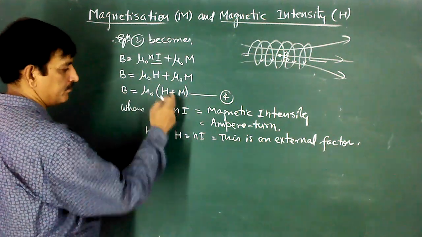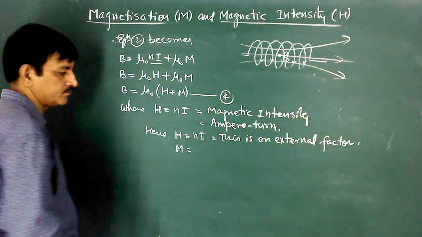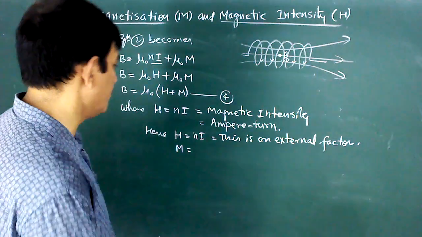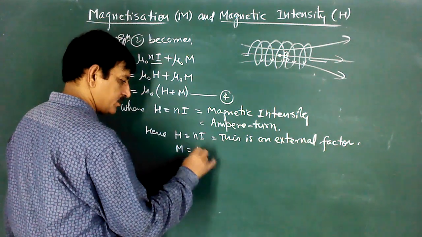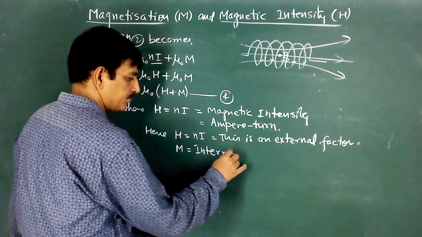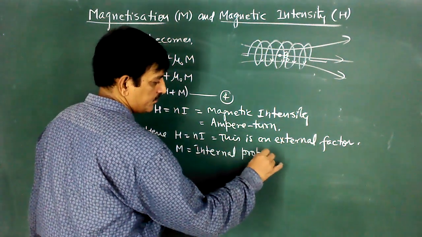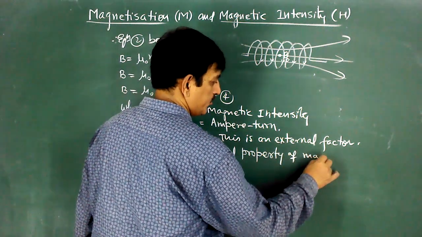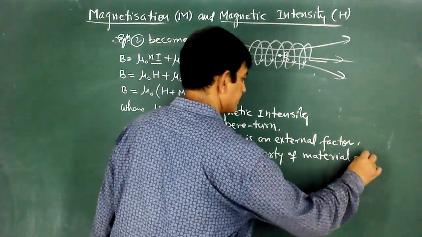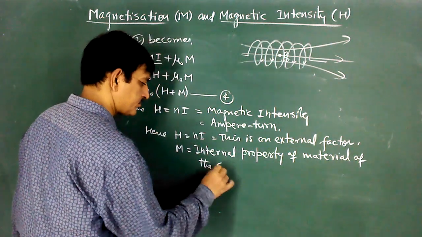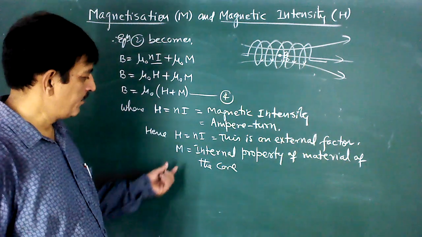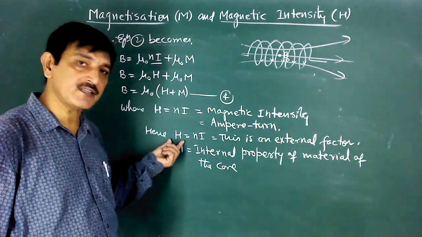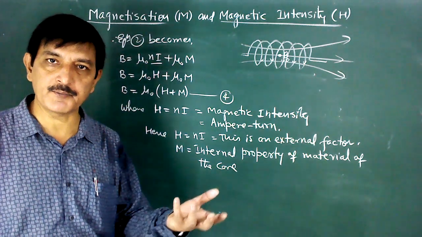And what is M? M is an internal property of the material of the core, but this is influenced by H. M will increase if H increases for a particular type of material.